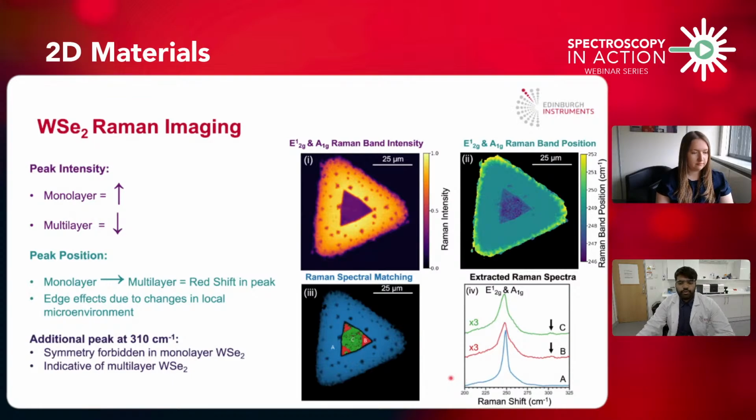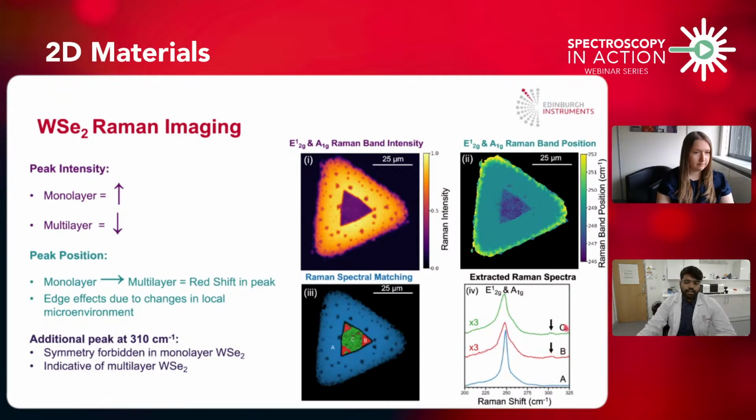So in A, we can see that we have a spectra, and it's an expected spectra at 250. And as we've looked at the peak intensity and the band position, we can most likely say that A is probably contributed from a monolayer. The inner domain of that darker purple region, we've identified as B and C. One important thing to notice is not only the shifting in the peak position, but it's also this additional peak that we're seeing at 310.